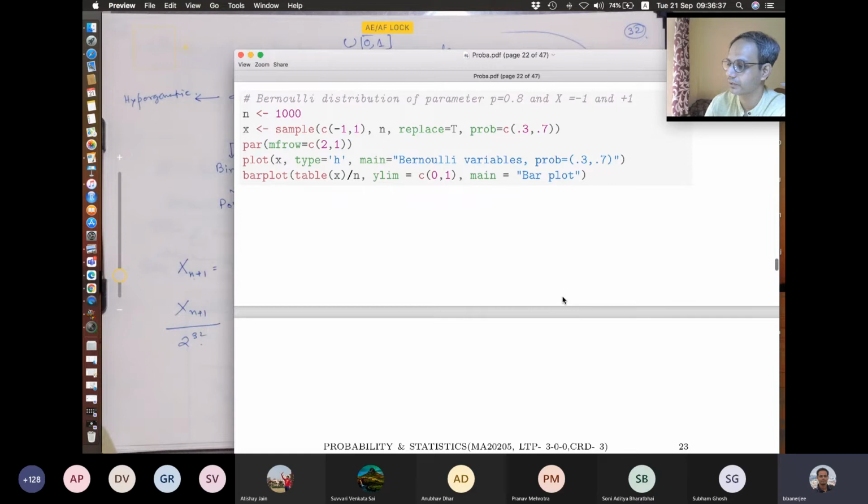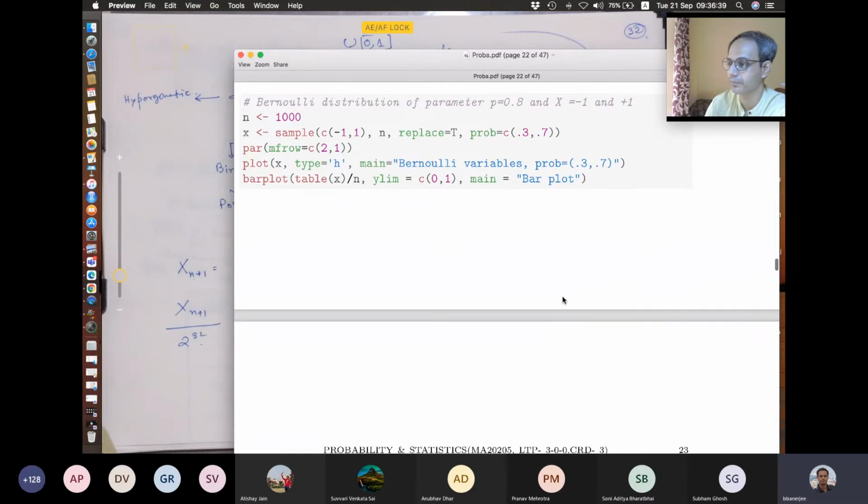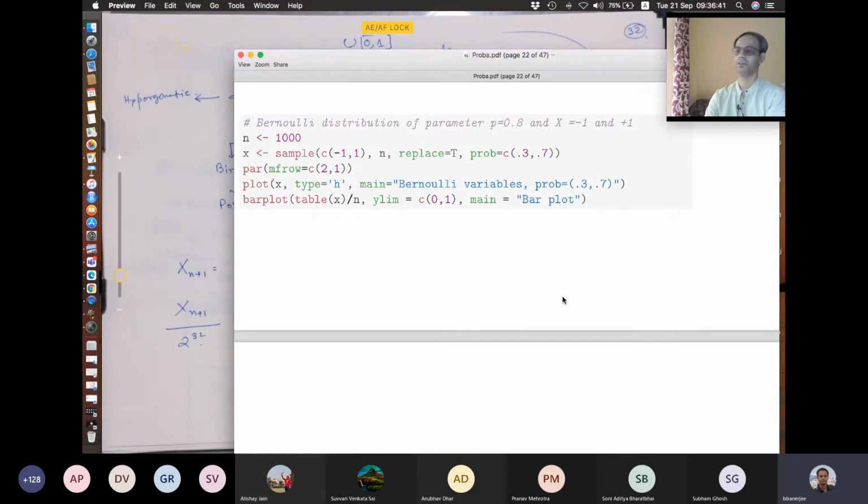Now, if you go for 1000 samples, you can make a transformation from Bernoulli to -1 and +1. How can you do that? X is following Bernoulli, now you want to convert it to -1 and +1. What will be the transformation?